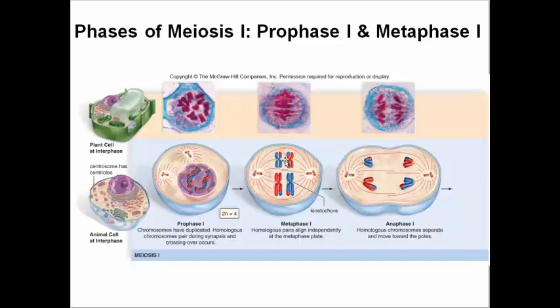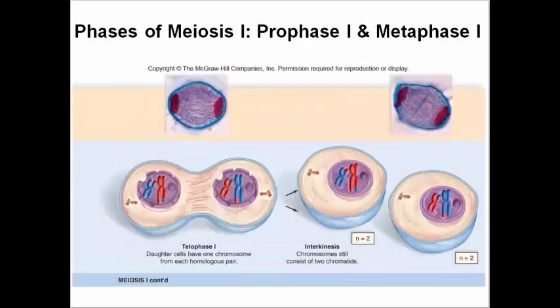This is the metaphase plate in metaphase 1. And you'll see one homolog on one side and one homolog on the other. So we're using the term homologous pair to refer to both of these chromosomes, and we're using the term homolog to refer to one or the other chromosome. So this is one homologous pair, this is the other homologous pair. They're going to separate in anaphase 1 of meiosis.